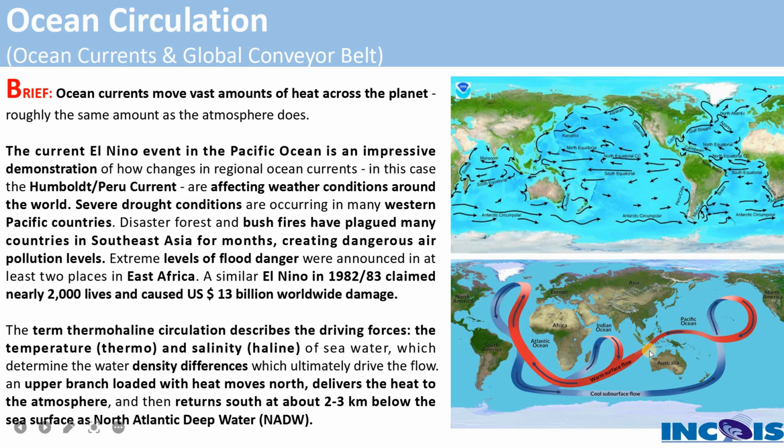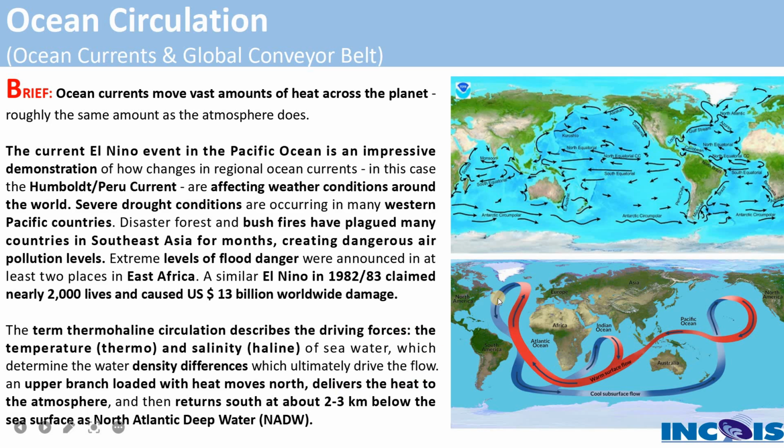The cold water is carried from the poles to the equator, from the bottom. So this upper branch, loaded with heat, moves north and delivers the heat to the atmosphere. It carries the heat from the equator to near the North Atlantic and releases the heat into that atmosphere, right?